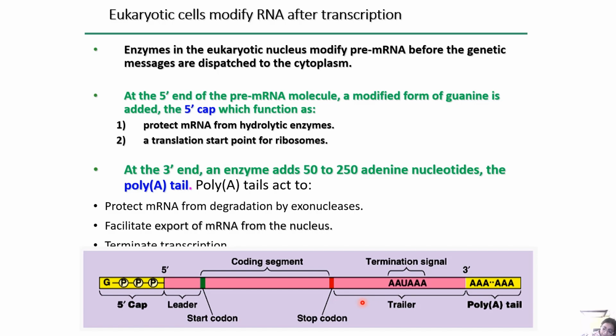At the 5 prime end of the pre-mRNA molecule, a modified form of guanine is added. The 5 prime cap protects mRNA from hydrolytic enzymes and serves as a translation start point for ribosomes. At the 3 prime end, an enzyme adds 50 to 250 adenine nucleotides, the poly A tail, which protects mRNA from degradation by exonucleases, facilitates export of mRNA from the nucleus, and terminates transcription.